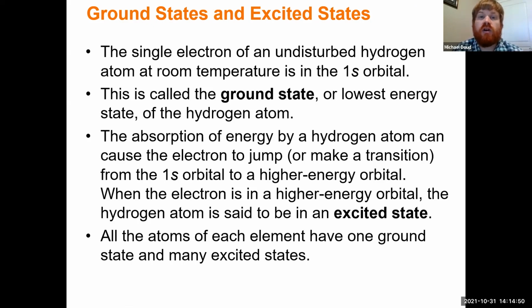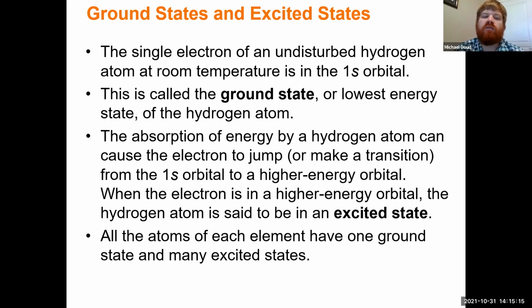Now, as we saw in the previous lecture and in lab, when you excite electrons, they can go up from the lower energy orbital, from the 1s orbital, to a higher energy orbital, like one of the ones we're going to talk about. In that case, we would say that it is in an excited state. So again, that electron can absorb energy, just like what we saw when we were explaining the Bohr model.